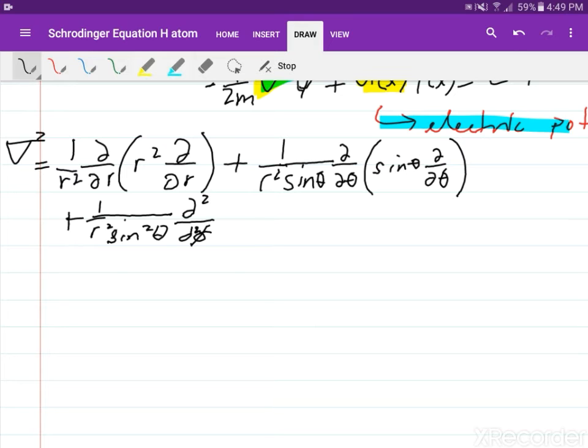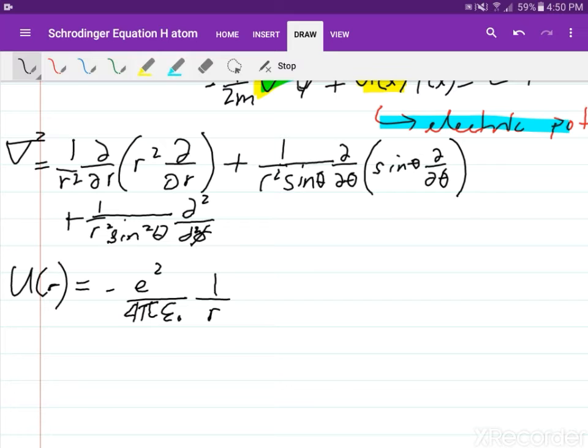Now, our Coulombic potential is given by, now we will say that it is only a function of r. It is given by minus e squared over 4 pi epsilon naught 1 over r.